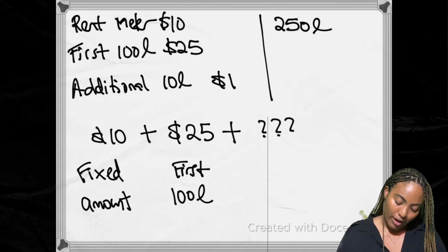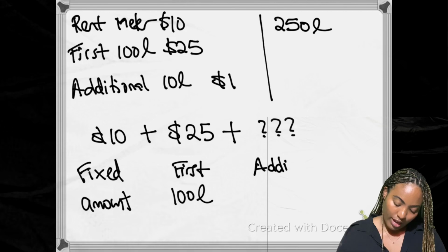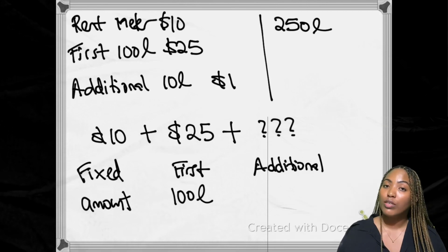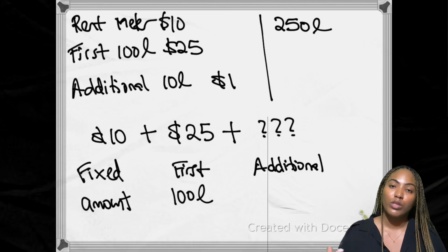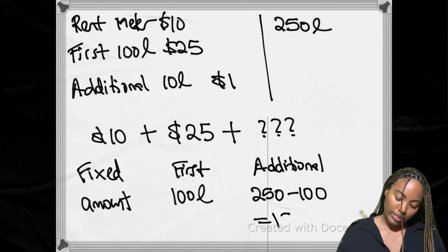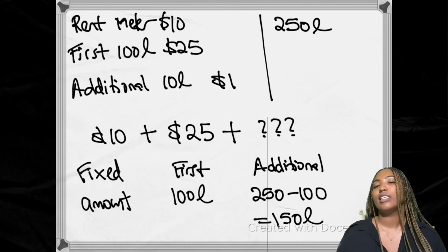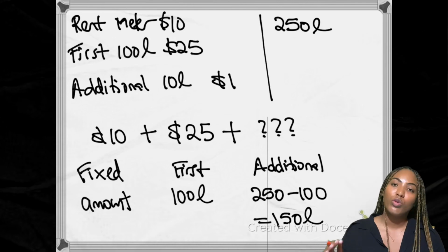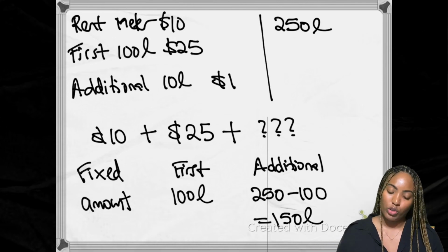And then the tricky part is how much do we pay for the additional units? Since it is 250 liters and we have already accounted for 100 liters, 250 minus 100 leaves us with 150 liters additional, which we need to find out what we would pay to use. So we're going to wipe this clean.